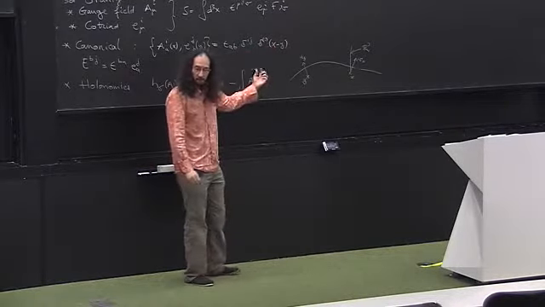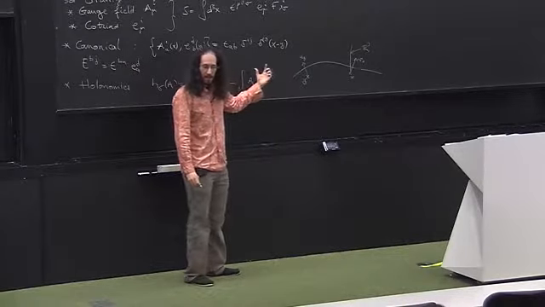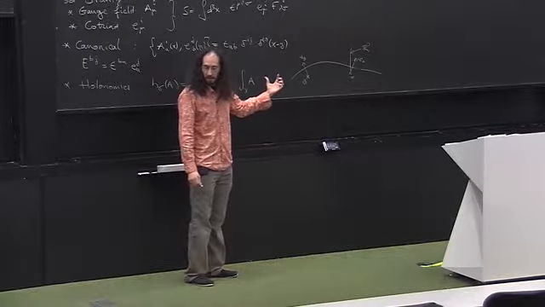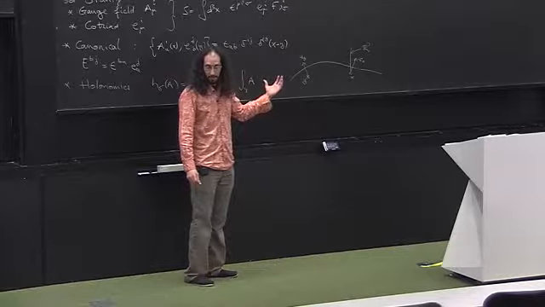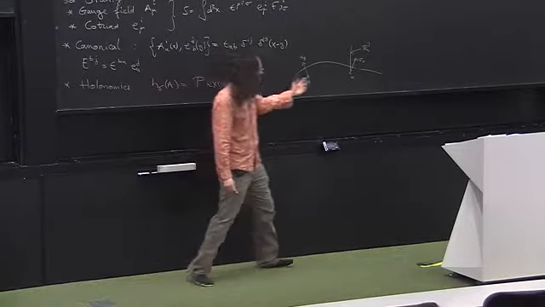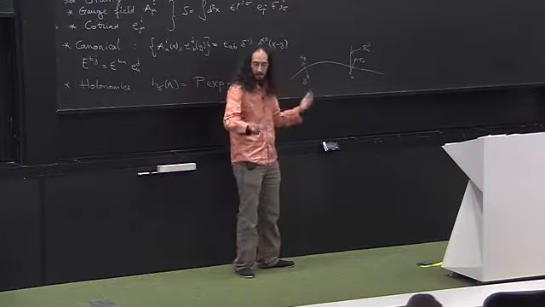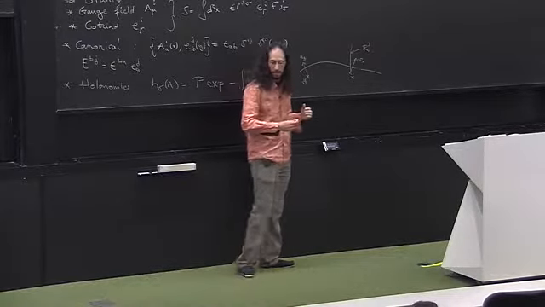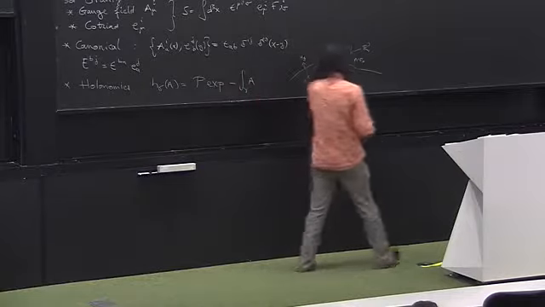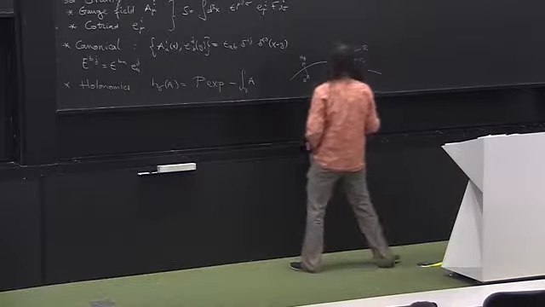So you want to compare them together, but they do not live at the same space-time point, so you cannot compare them. What you have to do is to transport one of them to the other, and then you can compare them, like take the inner product or something like that. All right? So if you want them to speak to each other, you have to transport them.